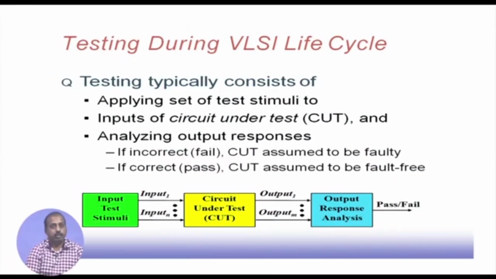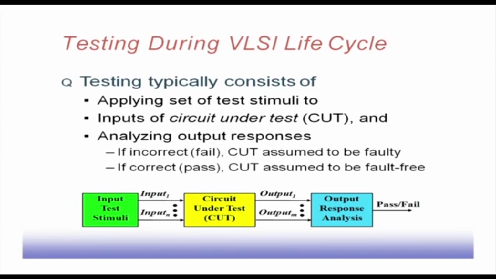This only tells that the type of faults that this set of stimuli could detect were not detected in this system. So this particular testing session will give us this much confidence.